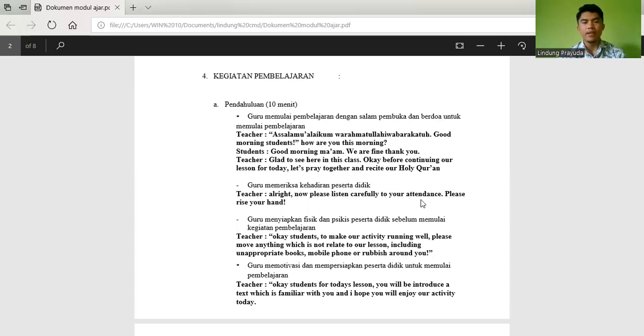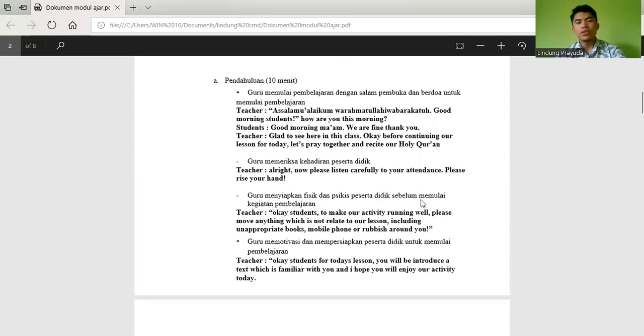In this phase, for example, the teacher instructs the students to remove anything which is not related to the learning, for example their mobile phones, or any books or any things surrounding them, and put them in a rubbish bin. This is to make sure that the class environment is ready for the learning process.